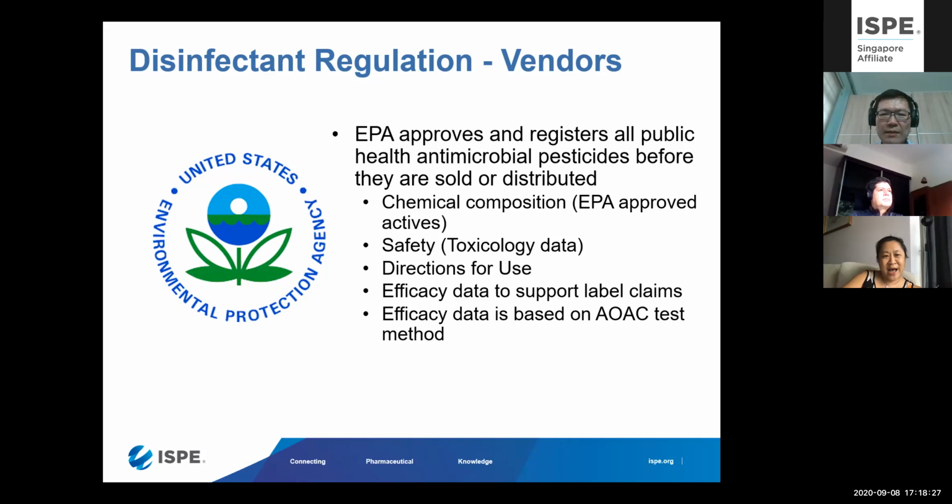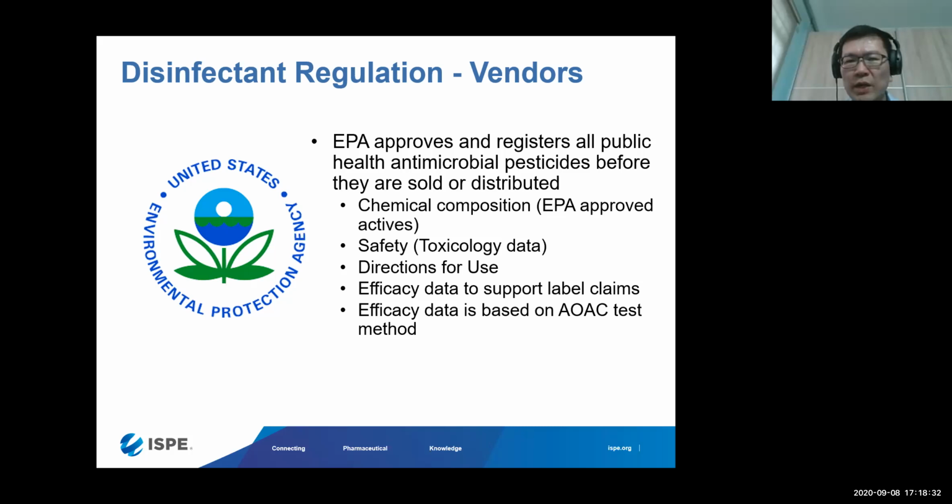To make sure that it is safe for use, they will look at the toxicological data. So vendors will need to submit the safety and toxicological data to EPA, to make sure that it is not toxic or harmful to humans or operators who use the products.